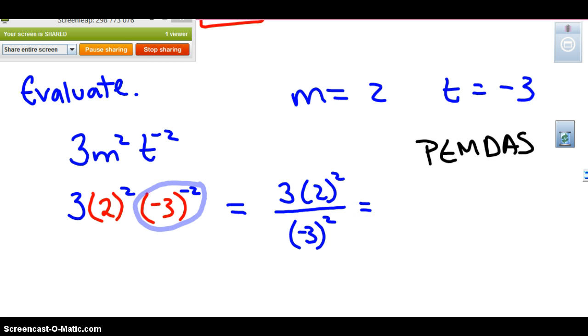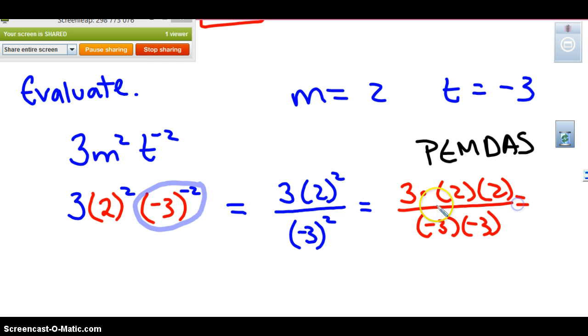So what would be next would be 3 times 2 times 2, over negative 3 times negative 3. This means 3 times 4 over 9. What's 3 times 4? 12 over 9. Can I simplify this? 4 over 3.